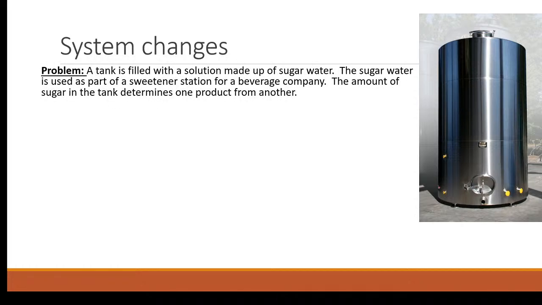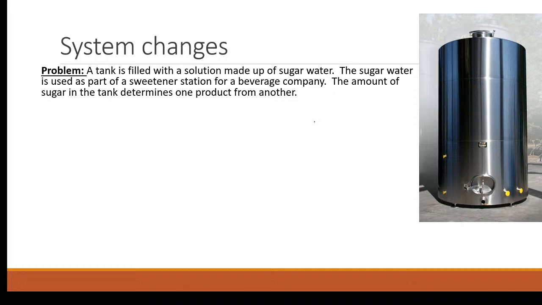So when we look at this, let's look at this in terms of a problem. This is really the reason everybody came here, or that we're looking at this video. So what we have is the problem. A tank is filled with a solution made up of sugar water. The sugar water is used as part of a sweetener station for a beverage company. The amount of sugar in the tank determines one product from another.